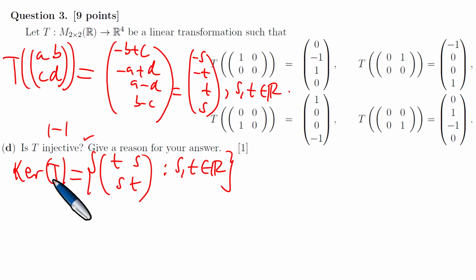Now, you ask the question, okay, this is the kernel of T. Is it injective or not? So now, one way to look at that is we have been able to make the observation.